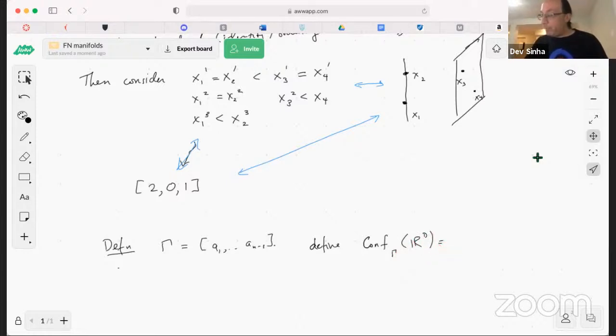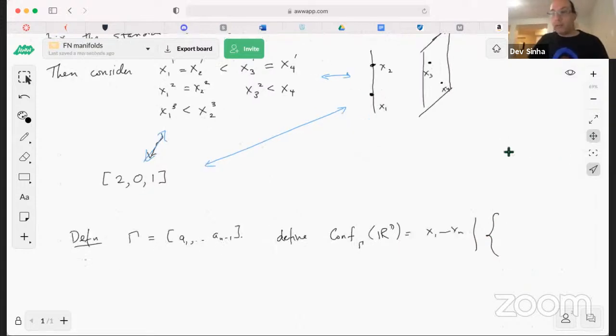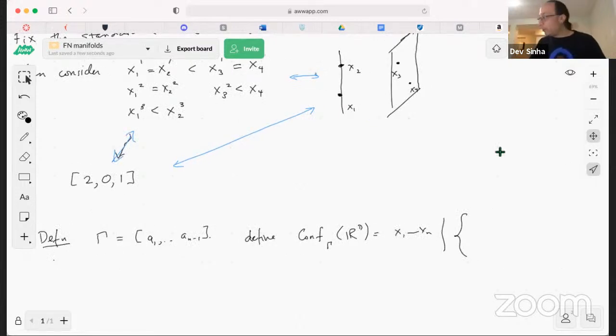So this is going to be, of course, x1 through xn, such that, and we've basically got 2 conditions to elaborate, and these are what we've just seen: that the ith point in its jth coordinate is going to agree with the (i plus first) point in its jth coordinate for all j less than or equal to ai.